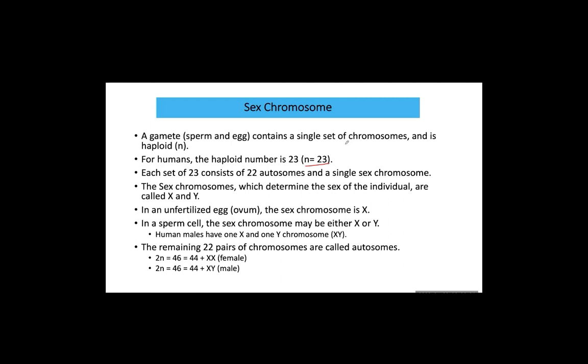So let's think about diploid again. Diploid is 2n equals 46 chromosomes. This can be written as 44 plus 2 sex chromosomes. In the case of a female, it is going to be XX. Right?